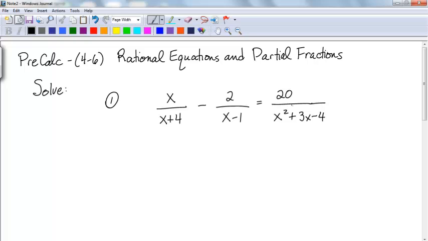So there's a variable down in the denominator. Most of you don't like the fractions, so get rid of the fractions. To do that, you've got to multiply by the LCD. So first you have to find the LCD.